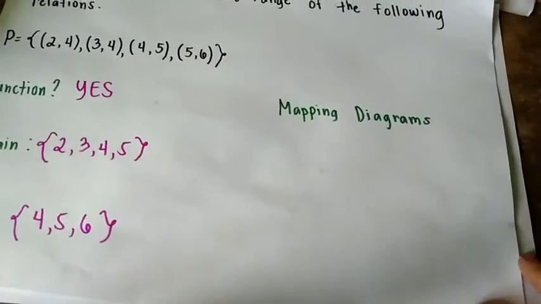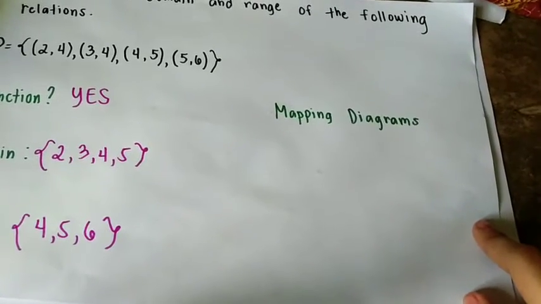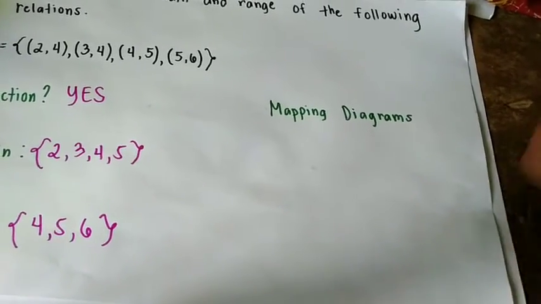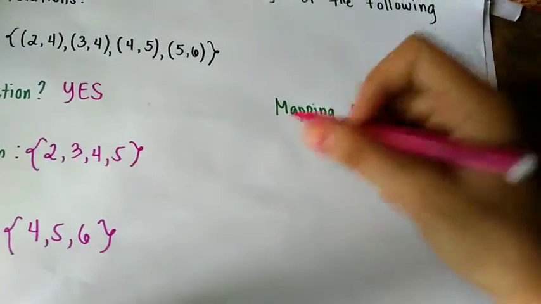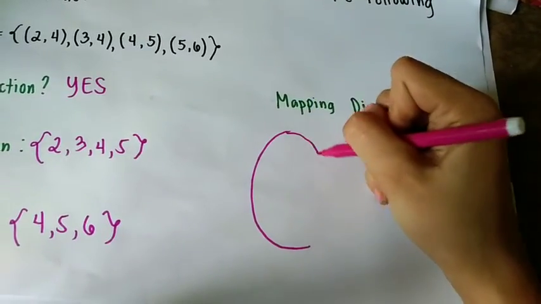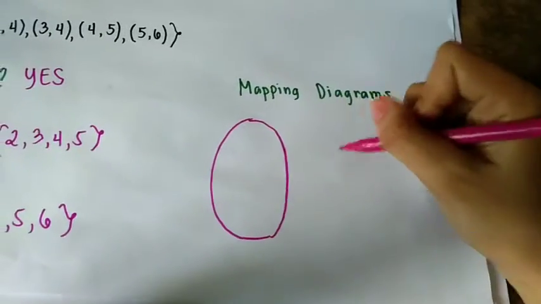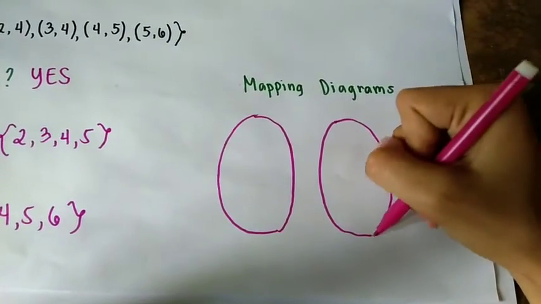So, relations and functions can be represented by mapping diagrams. So, we're just gonna draw two bubbles here. Yan.